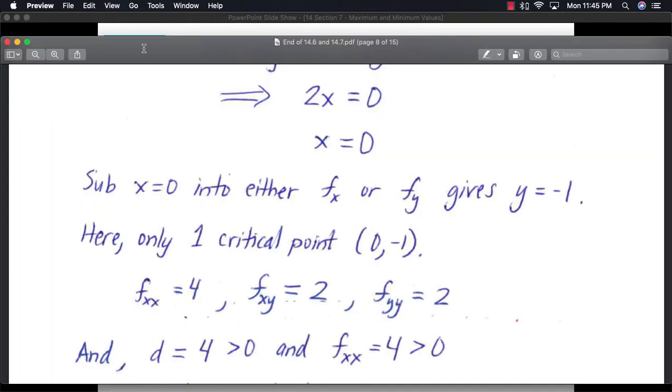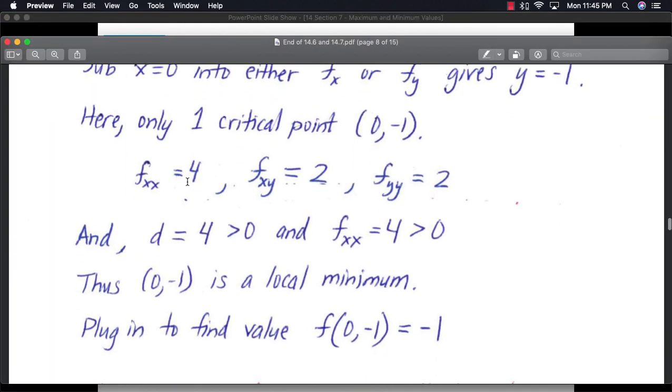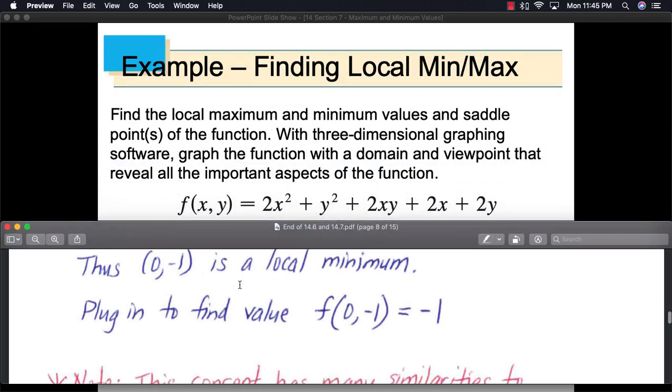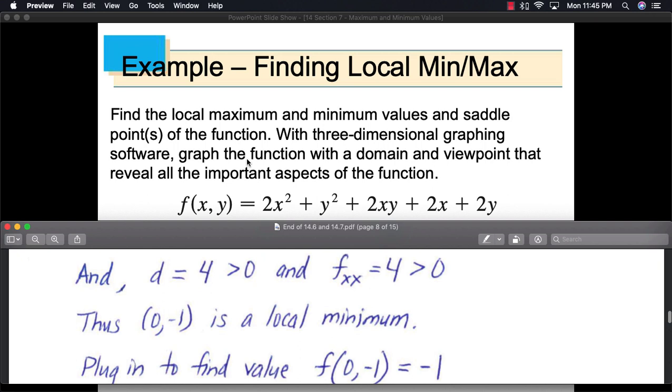So the question here was twofold. I'll go ahead and pull the question up again. The question's asking us not only to find the local maximum and minimum, but to be sure to find out where it is actually located. But they actually want the value of this. So the local minimum here is located at 0, -1, but the value is actually -1.